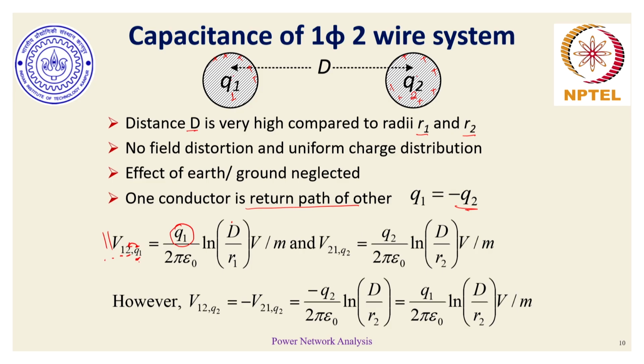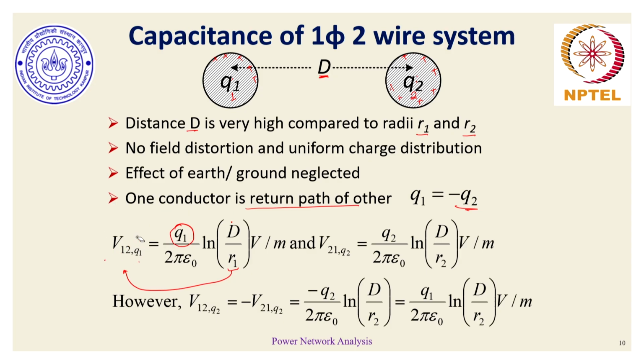So for Q1 at a distance from conductor Q2, the actual distance is d. The numerator would always refer to the distance between charge Q1 and the second surface, whereas the denominator in the natural log term would refer to the distance between the actual charge and the first point between which the potential is being measured. If we keep that aspect in mind, because that was how we evaluated our potential difference expressions, the overall discussion would become simpler.